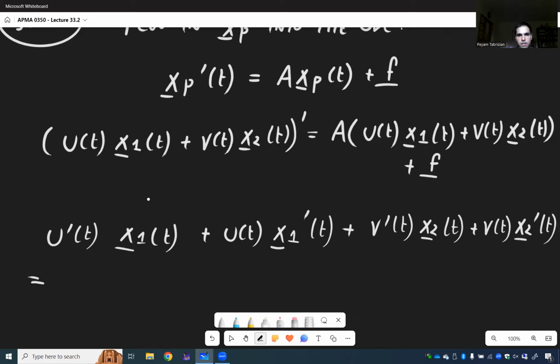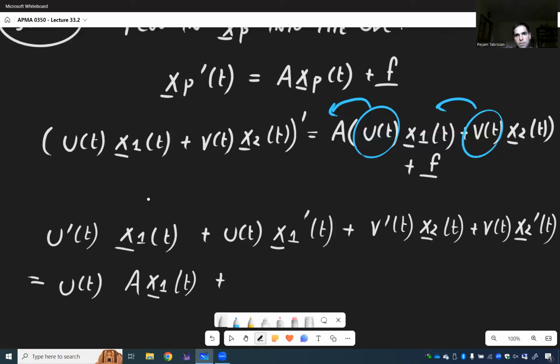Now this u and this v are sort of like constants with respect to A, so they come out. So we have u of t Ax1 of t, plus v of t Ax2 of t. I know it gets a bit complicated, plus f of t.